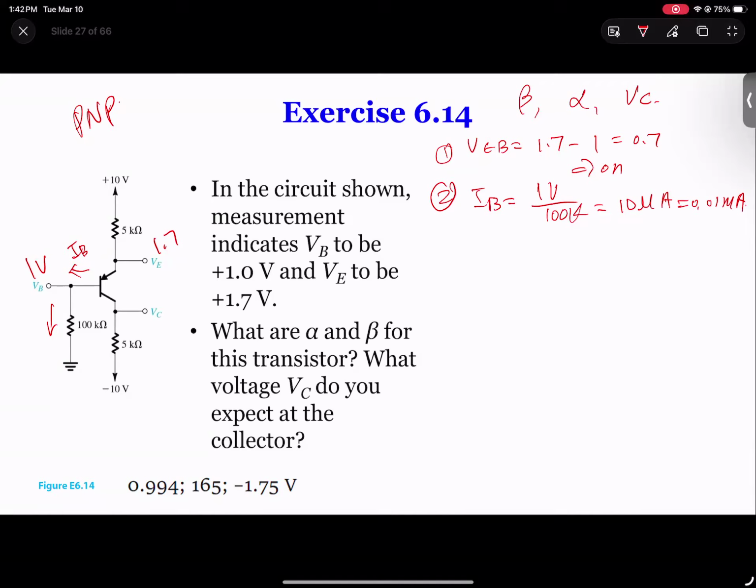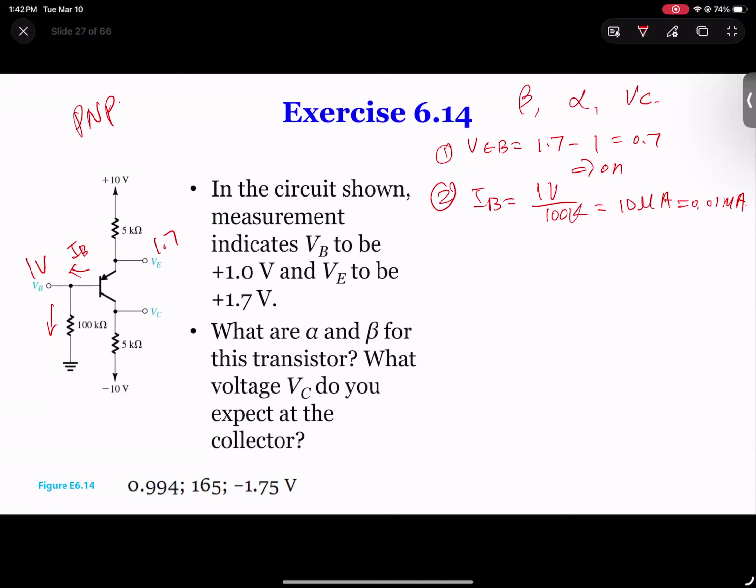What number can be found is IB. This may not be accurate anymore because it's another current.